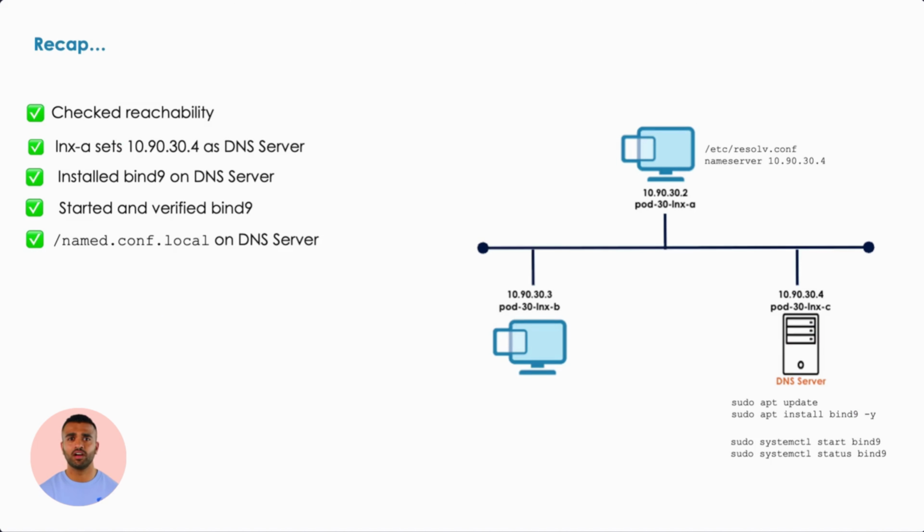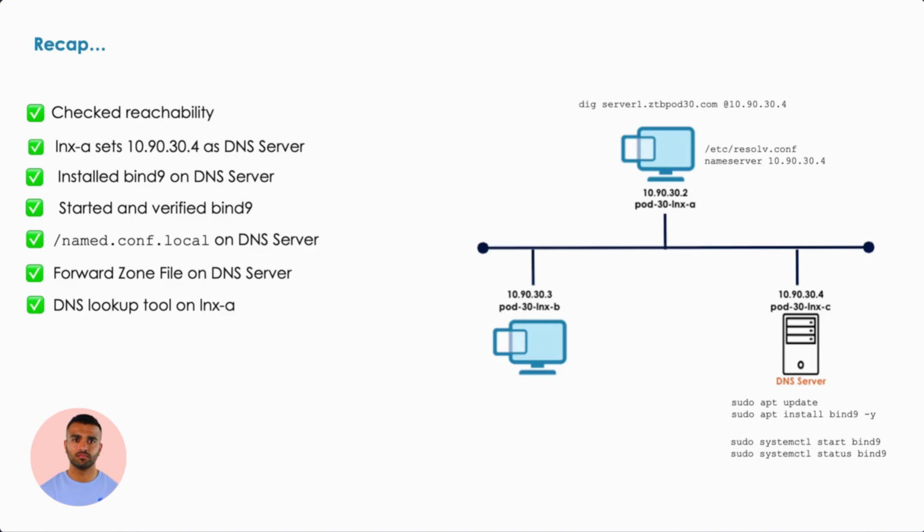We modified the named.conf.local file on the DNS server, which points to the zone file. We saw the forward zone file in which the DNS server creates host to IP mapping for Linux B. Finally, we did the verification by first running the DNS lookup tool on Linux A. As a final verification, we saw Linux A was able to talk to Linux B using FQDN.